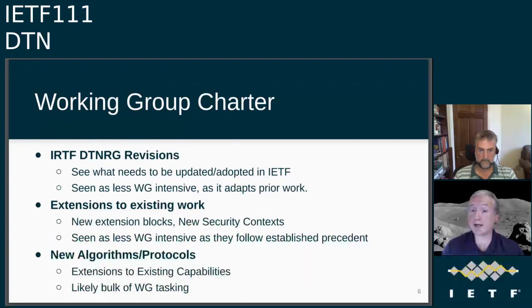Extensions to new work, defining new extension blocks, defining new security contexts, perhaps defining new convergence layers, is also seen as somewhat less working group intensive because we're not starting from scratch. We do have definitions and examples of what all of these smaller contributions should look like from a working group perspective. And then the brand new algorithms that come up, really truly extensions to new capabilities, we think is going to be the bulk of the working group tasking if we just look at the overall effort.